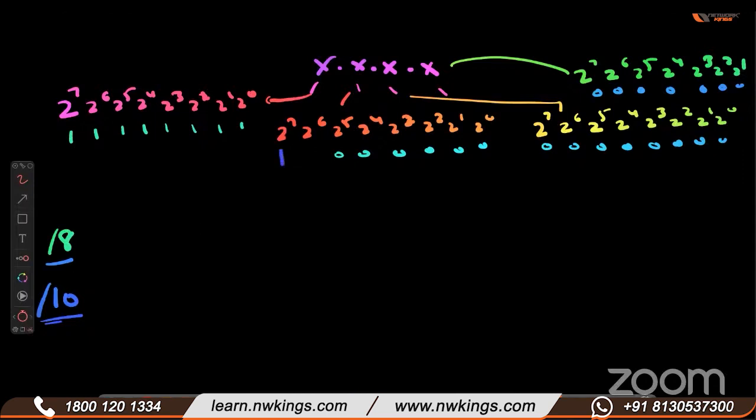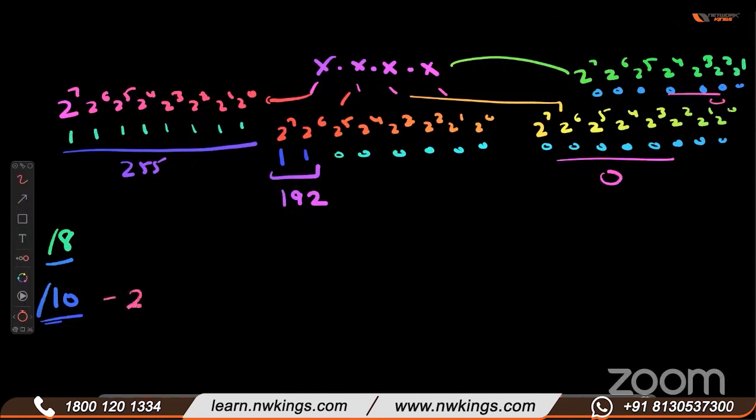Yes or no? Got it? If you add the first value, you get 255. And if you add the second value, you get 192. The third octet is 0, the fourth octet is 0. So /10 is 255.192.0.0.